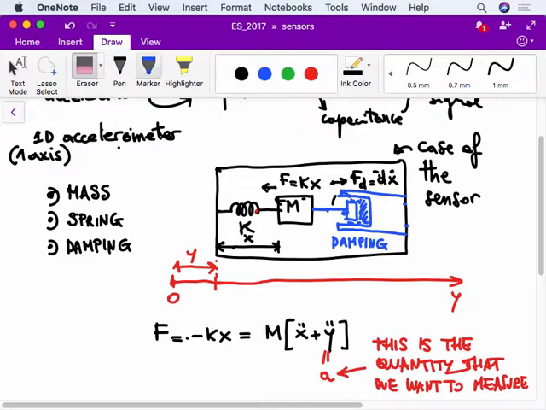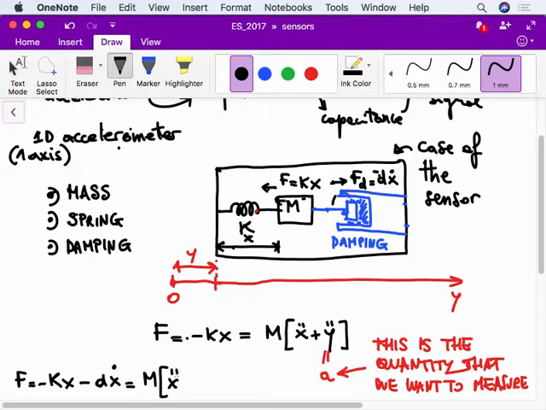It's simply, let me write it again. F is equal to minus kx minus d x prime, which is equal to m x plus a.